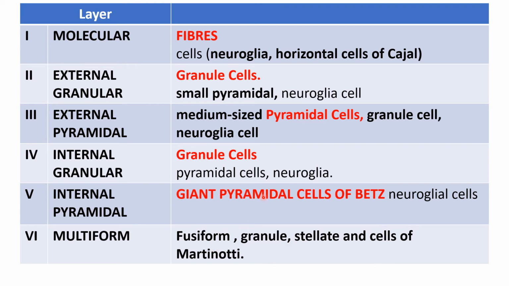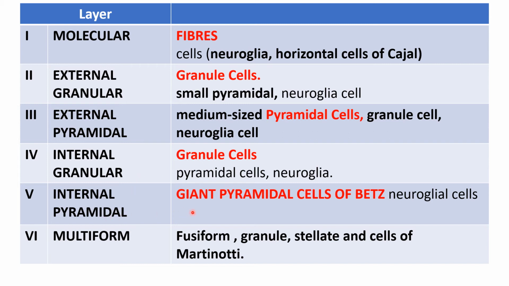This is just to say the components of the molecular layer: neuroglia and horizontal cells, fibers of neuroglia, small pyramidal cells. External pyramidal layer, third layer, medium sized pyramidal cells, granule cells. This I have already done.